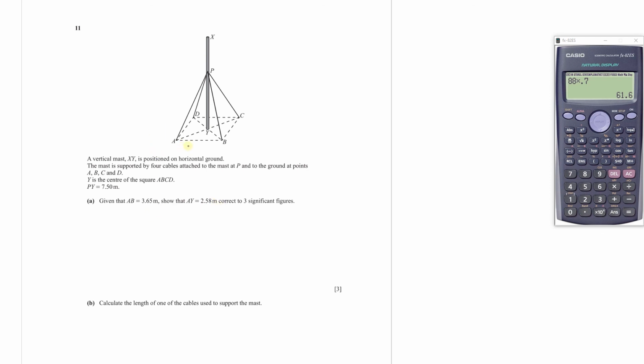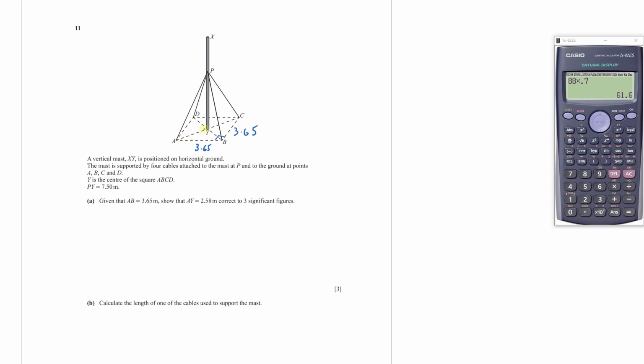So AB is given, this length is 3.65, and this is a square, so this length will be 3.65 as well. If I look at this triangle ABC, since this is a square, this angle here is 90 degrees between AB and BC. So it is a right angled triangle. AC is the hypotenuse, so I can use the Pythagoras theorem to calculate this length AC.